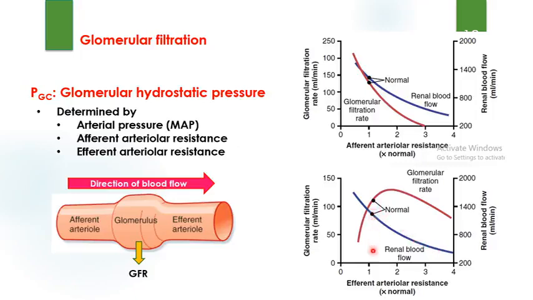On the other hand, if we decrease the resistance of the efferent arteriole, you see that overall renal blood flow is increased, but the GFR will decrease because by dilation of the efferent arteriole, hydrostatic pressure at the level of the glomerular capillary will decrease, and by reduction of hydrostatic pressure here, GFR will decrease, even though renal blood flow to the kidney will increase.